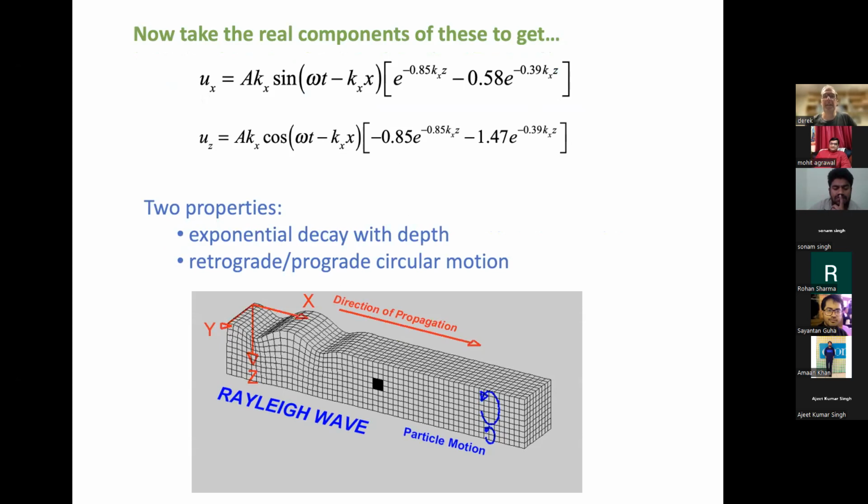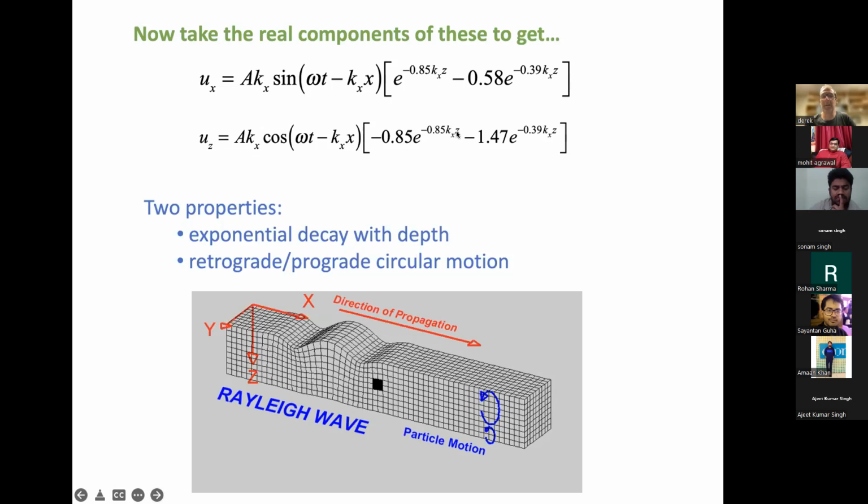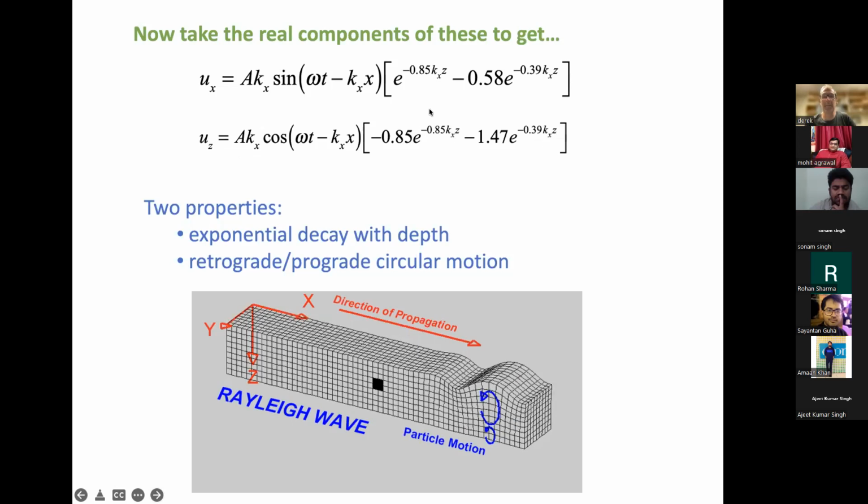And this has 2 properties. It has exponential decay with depth. So u sub z, which gives the deformation as I go to greater and greater depths, is going to decay. We have negative values times the z value.